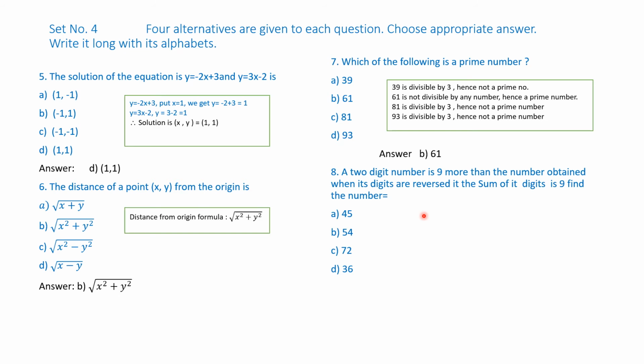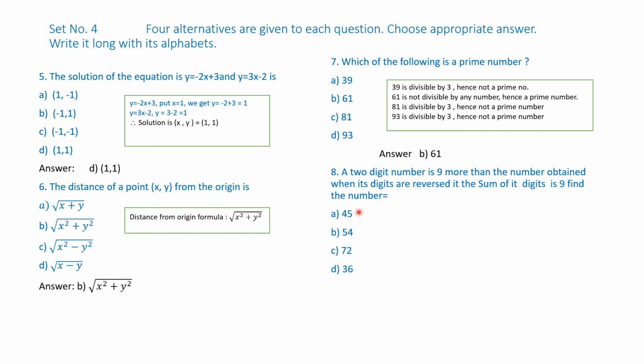Question number 8. A two-digit number is 9 more than the number obtained when its digits are reversed. The sum of its digits is 9. Find the number.